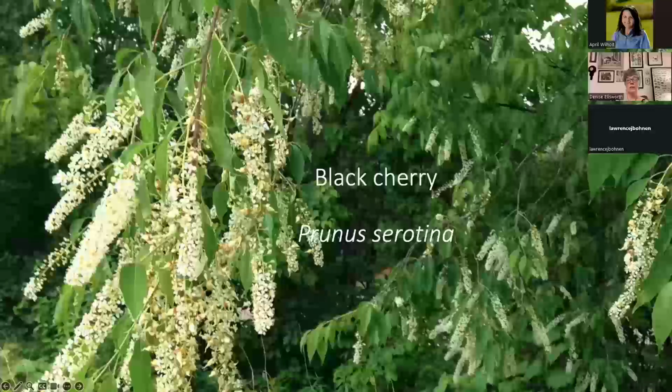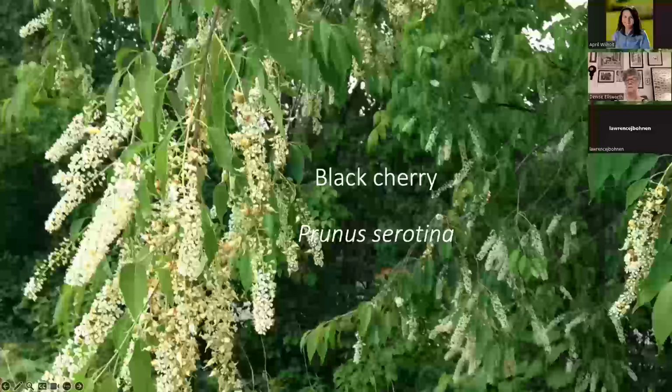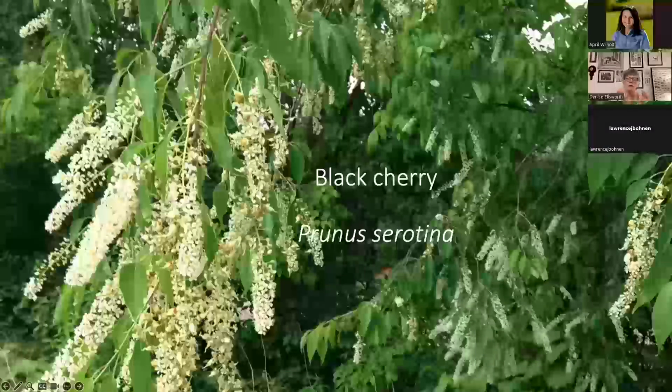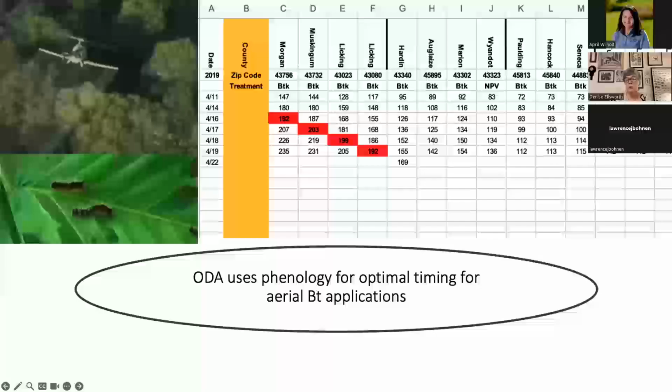Black cherry is an indicator that our Ohio Department of Agriculture uses when they're spraying for gypsy moth management here in the state. They're using BT, and to manage gypsy moth, they have to get the larvae when they're very small. They're most susceptible, and there are also fewer impacts on other caterpillars in forests. And so they use our calendar because they're spraying potentially in many different counties across that span of Ohio.